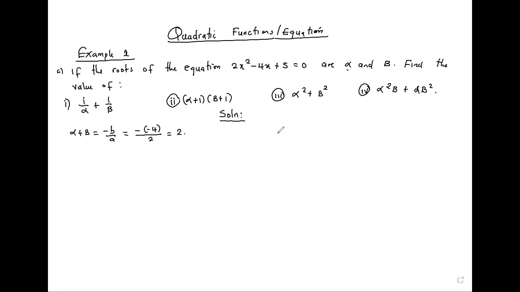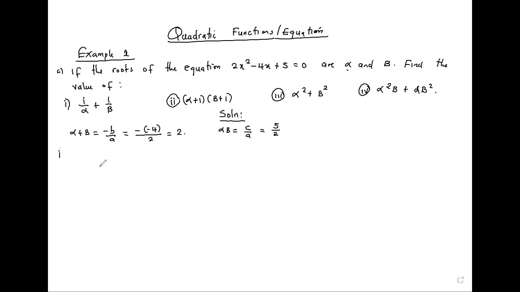What is the product? What is alpha beta? It is c over a, which is 5 over 2. So we have the relationship alpha plus beta is 2, alpha beta is 5 over 2.